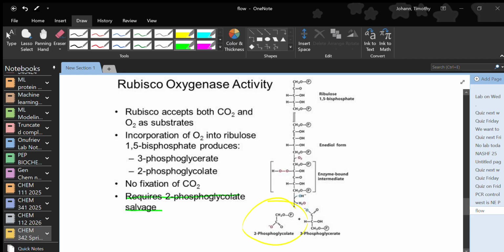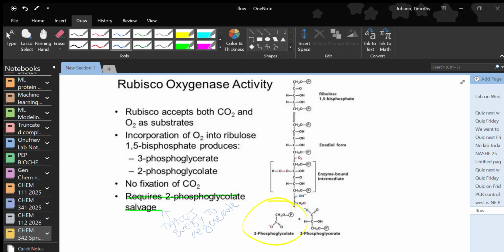Okay, it's going to take energy to regenerate that. Oops, sorry. Let me finish writing here. So it always does. Whenever you have an oxygen react, you have this happen.